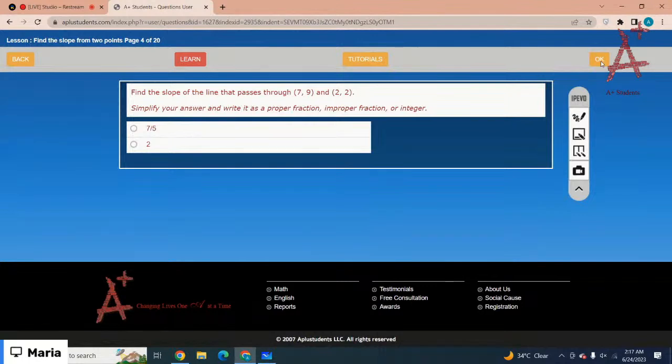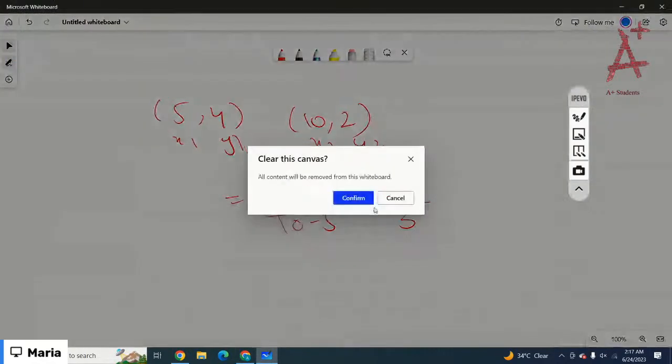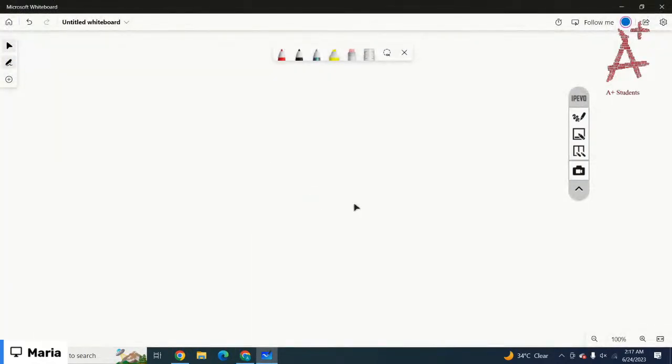Find the slope of the line that passes through (7, 9) and (2, 2). So 7 and 9, 2 and 2. So x1 and y1, x2 and y2.